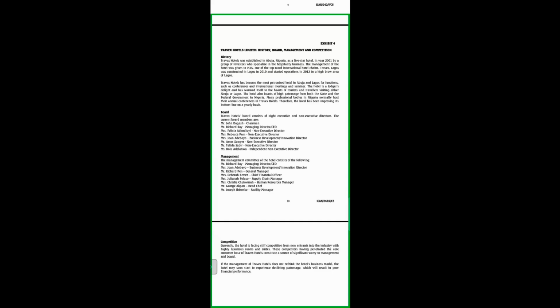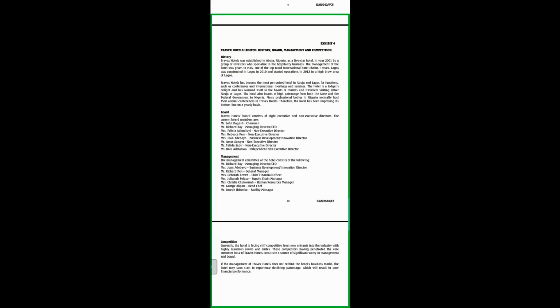So in summary, Travis Hotel Limited was established in 2001 in Abuja. That's the source of origin of the company, and it was regarded as a 5-star hotel. This hotel was given to MTS to manage.